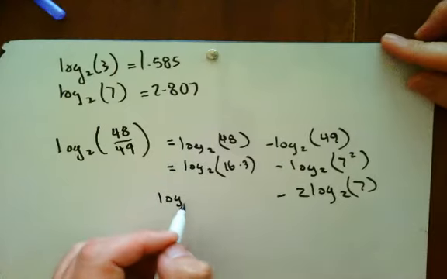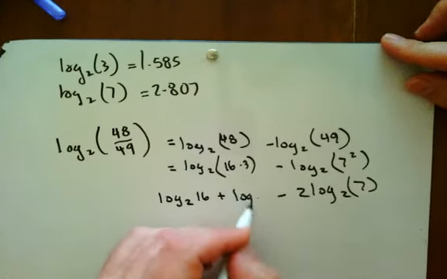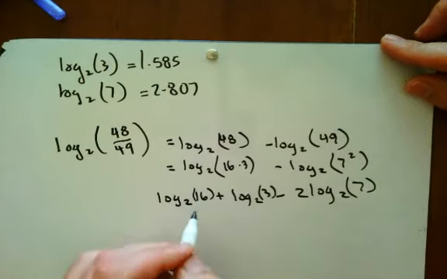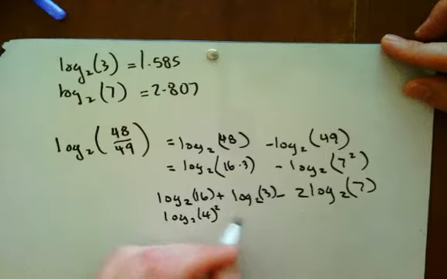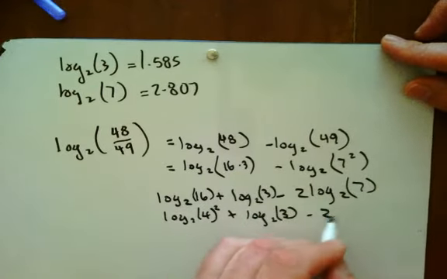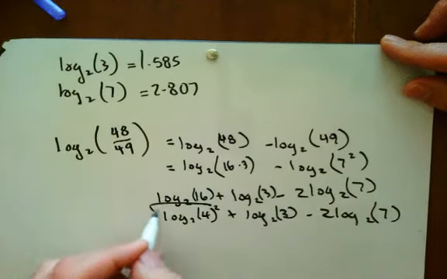And then to break each of these down. Now, I know that 48 is 16 times 3, and 49 is 7 squared. So I see I can pull that 2 down in front, minus 2 log base 2 of 7.